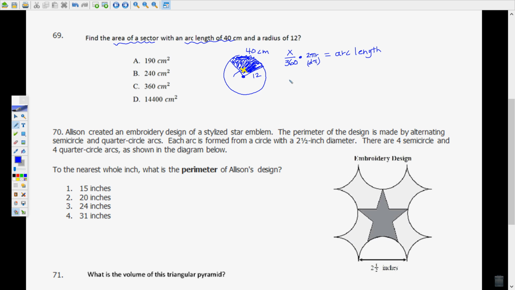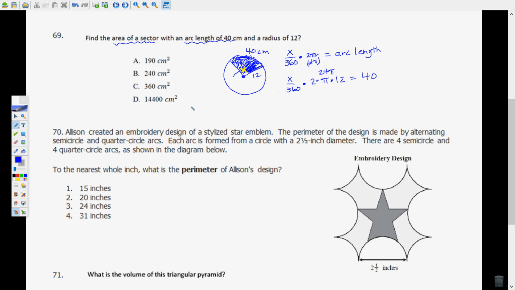We're looking for X. We need that for the area of the sector. And 2 times pi times the radius, 12, is equal to the arc length of 40. So we have everything but the angle measure. I would just plug all of this into the calculator. 2 times pi times 12 is 24 pi.